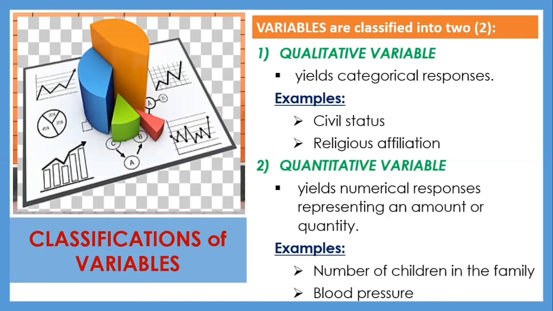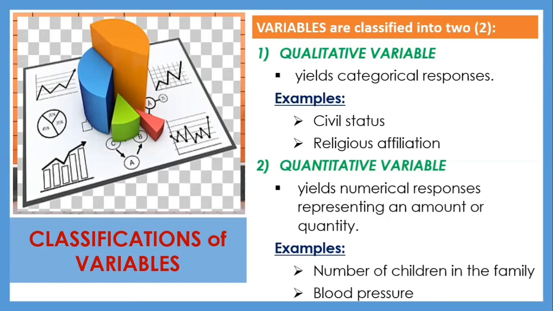Religious affiliation. So meaning to say in qualitative variable, you need to always remember that we are only talking about the attributes, the characteristics of a certain person, object, and so on. We are not talking about numbers. This is not numeric in nature, okay?